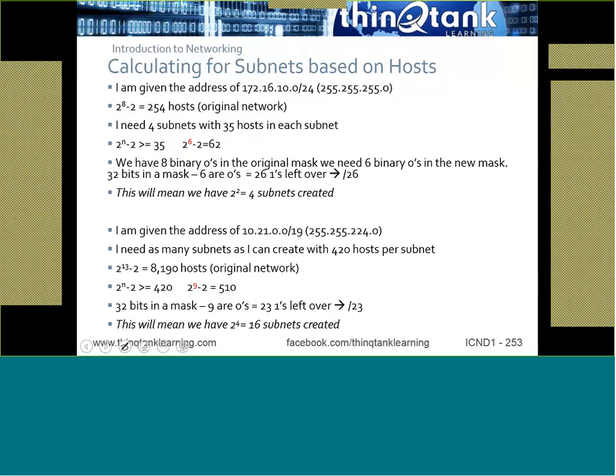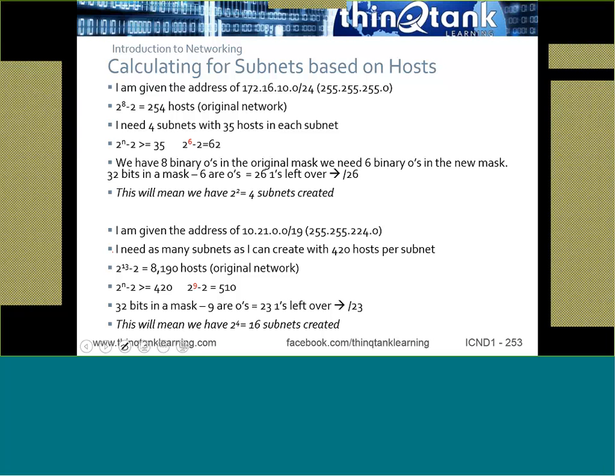All right. I'm given an address of 10.21.0.0/19. So that network has 13 zeros, which means I can have 8,190 hosts per subnet, or in that network, I should say. But now I want to have 420 hosts per subnet.